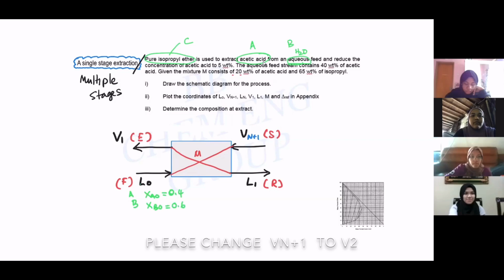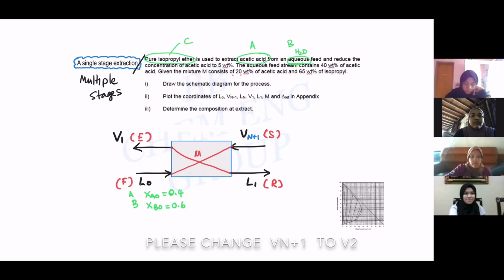And it's mentioned that this acetic acid concentration will be reduced to 5 weight percent. Reduced means it decreases, so it should be in your raffinate, because the solute that you want should be in your extract, not in your raffinate.